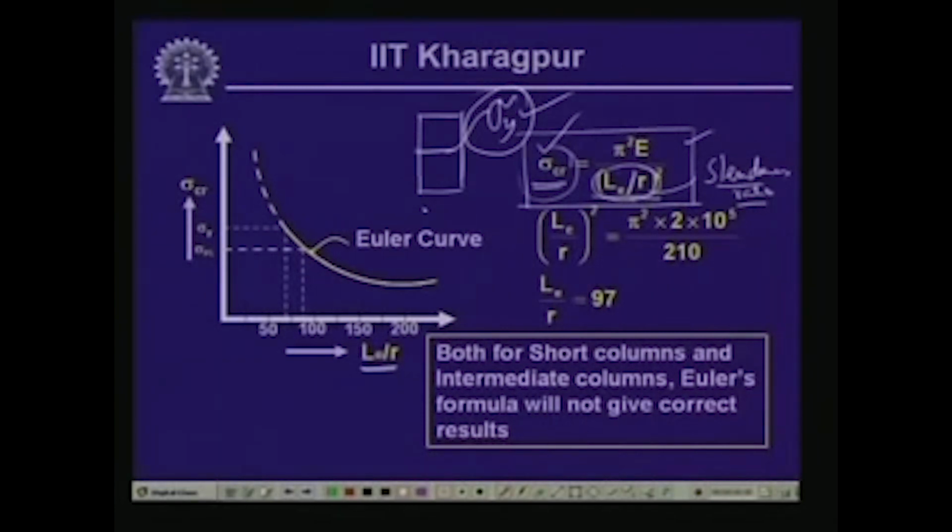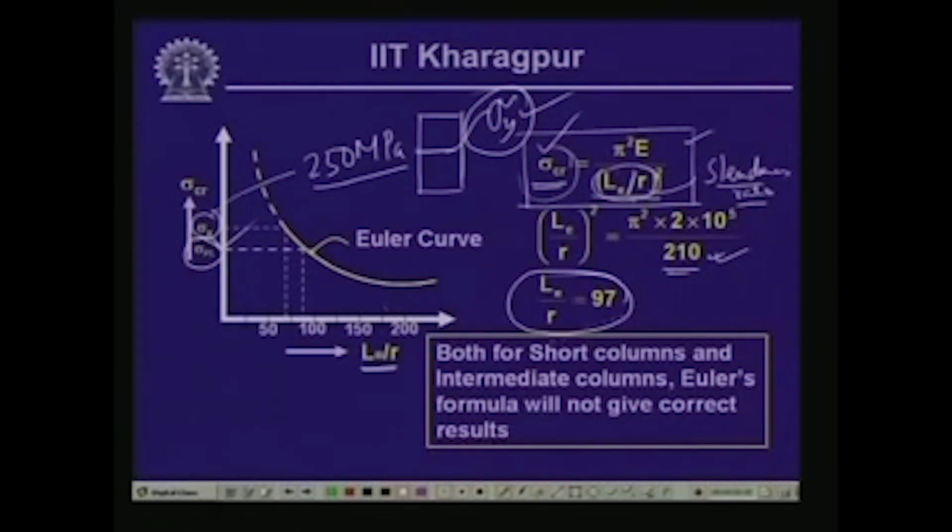Now, if we consider the material as steel, for which we know the proportional limit stress, sigma P L, is equal to 210 megapascal, and the yield stress, say, we consider as 250 megapascal, then if we consider that proportional limiting stress of 210 megapascal, we get a value of slenderness ratio L E by R equal to 97.